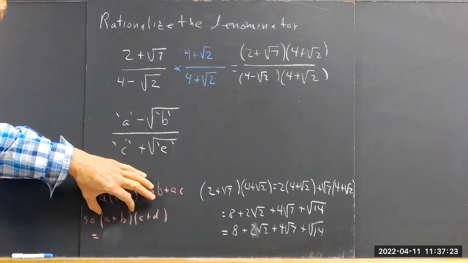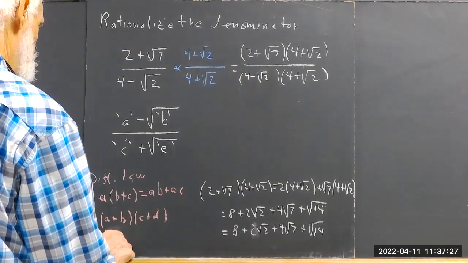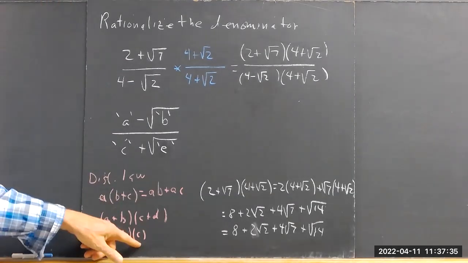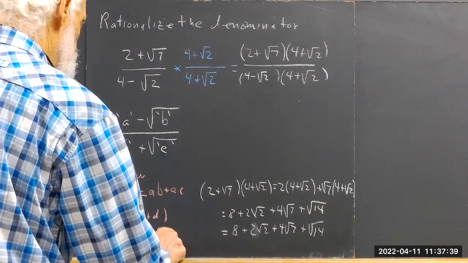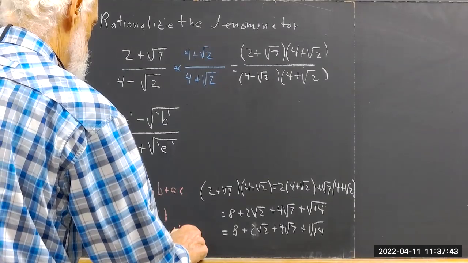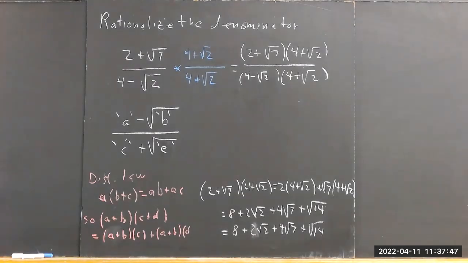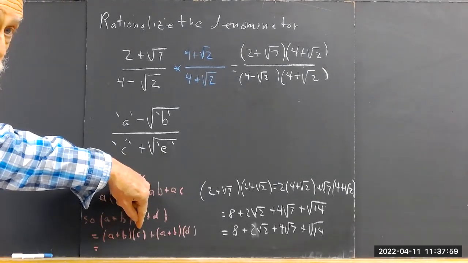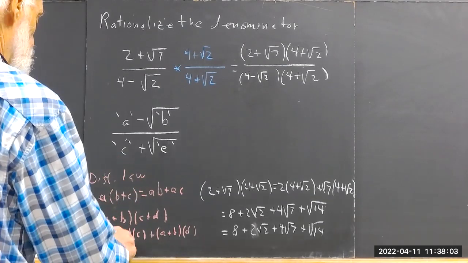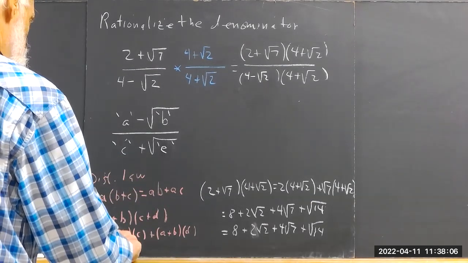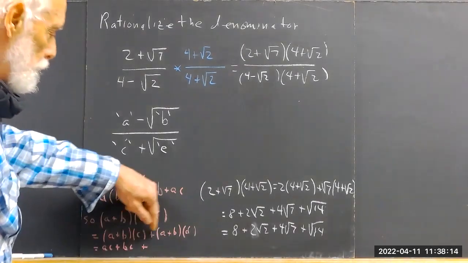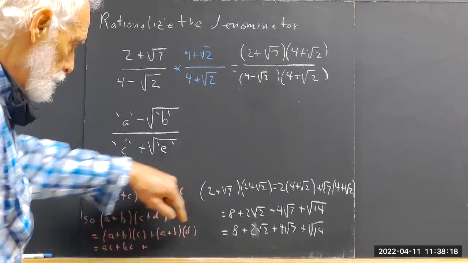Instead of an A here, I've got an A plus B. So this means I've got A plus B times C plus A plus B multiplied by D. And that means then A plus B times C is A times C plus B times C. And then A plus B multiplied by D is A times D plus B times D.